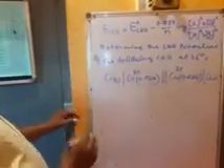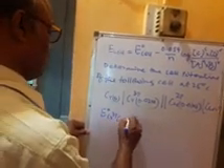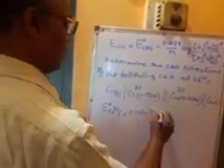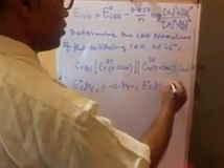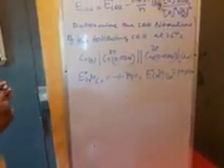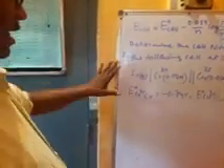Given E naught Cr3+ by Cr is equal to minus 0.74 volt and E naught Cu2+ by Cu is equal to 0.34 volt. Using this data you can determine the cell potential of this cell.